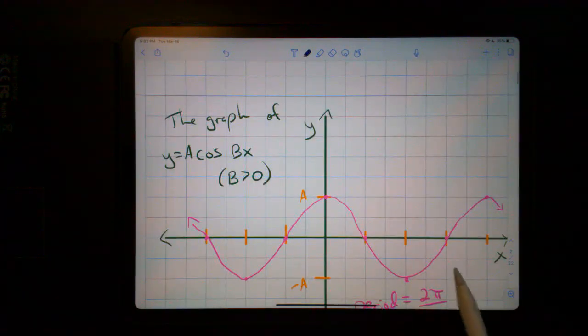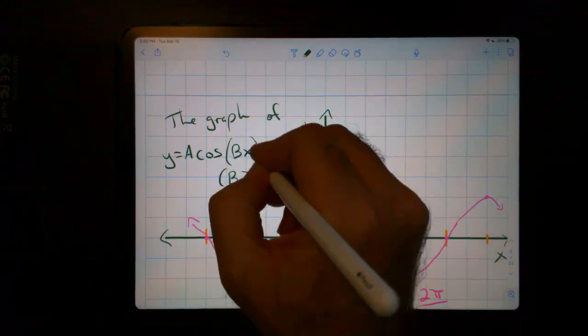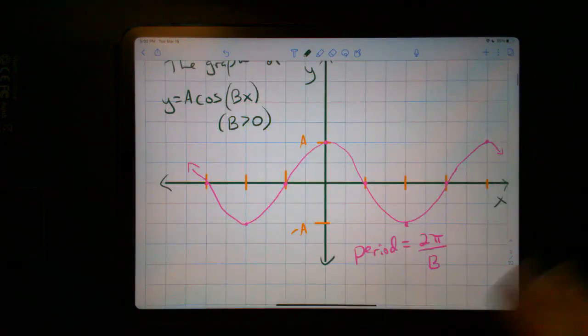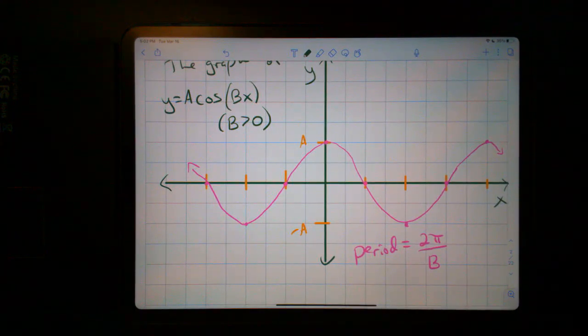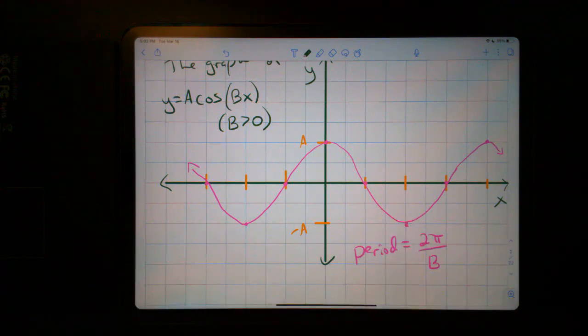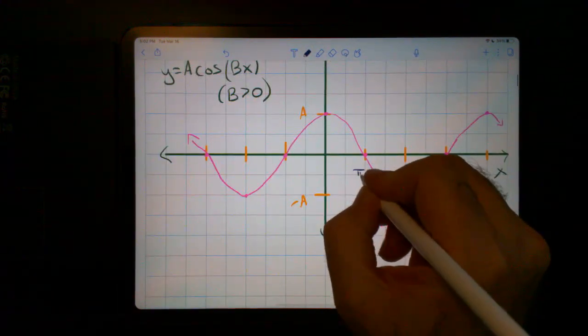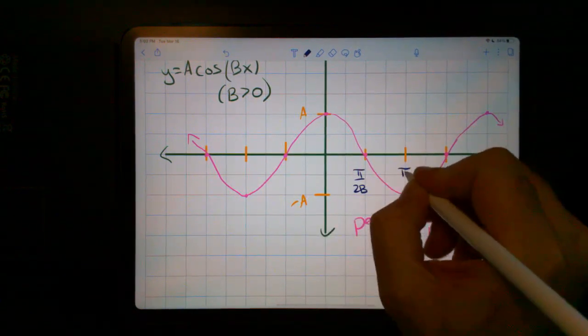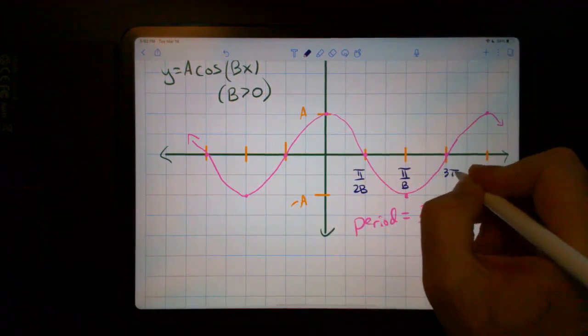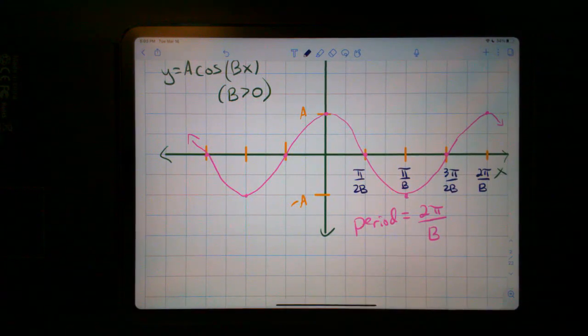The basic graph of y equals a cosine bx, again where b is positive, will have the same shape as y equals a sine bx, except you'll have a phase shift of 90 degrees. Your period is still going to be 2 pi over b, and so this will still be pi over 2b, pi over b, 3 pi over 2b, and 2 pi over b.